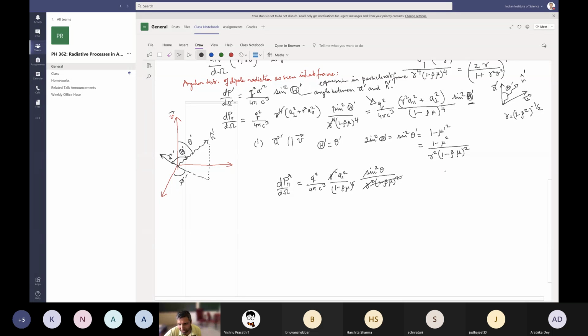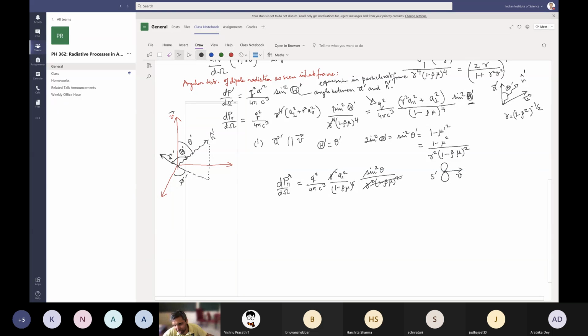Let's see. So what is the situation that we have now? If this is the velocity of the particle, your acceleration is also along that. So if the acceleration is along this direction, then you know that in the S prime frame, this is the radiation beam, right? Nothing comes out in the direction of acceleration.